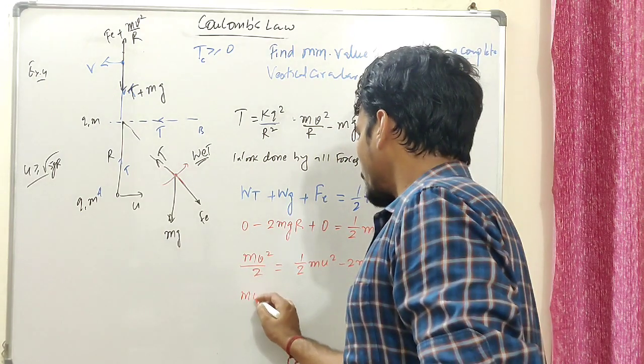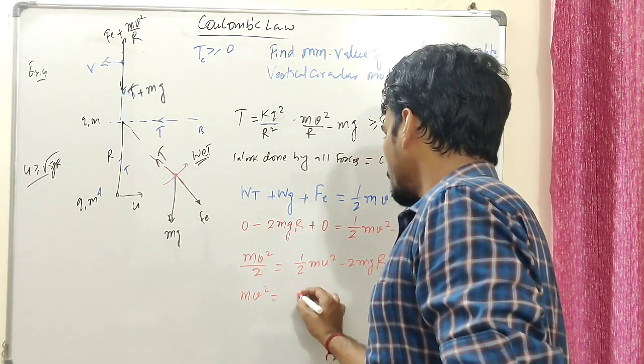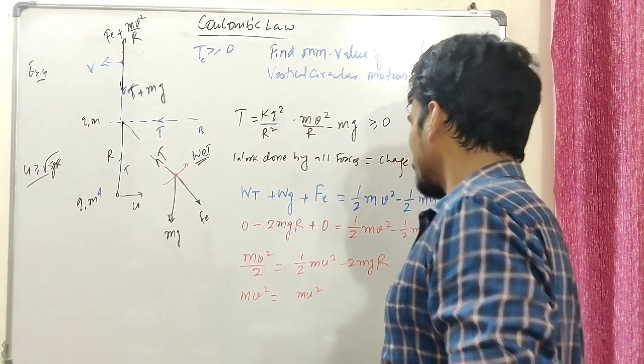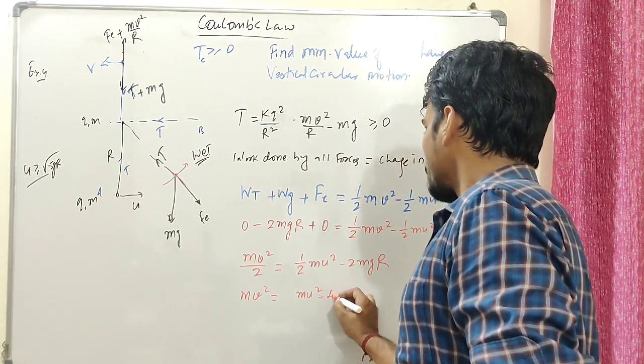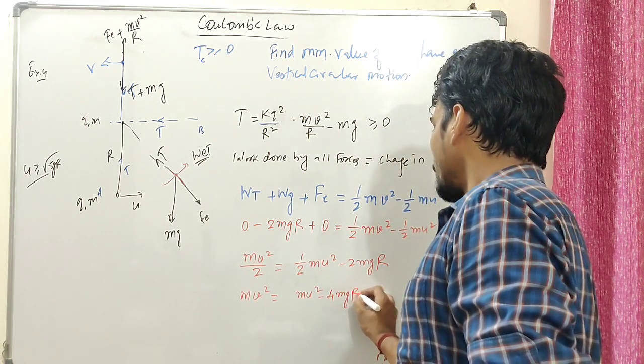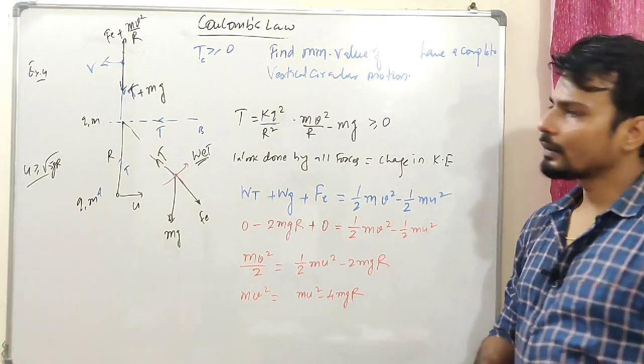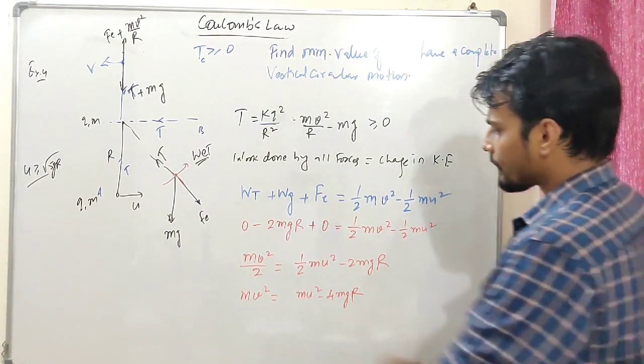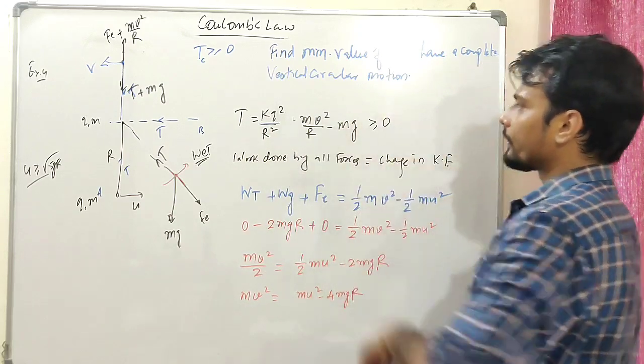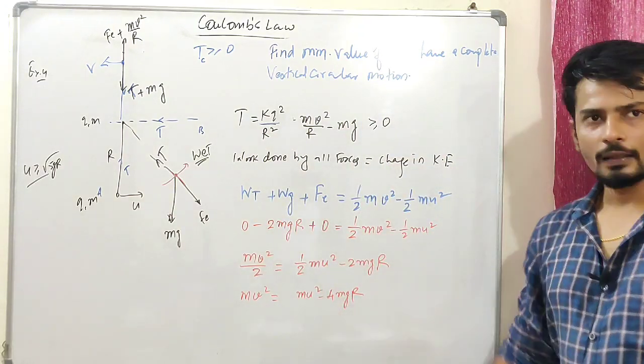So mv square should be mu square minus 4mgr. Alright, let me replace this over here and I'm going to get the value of minimum velocity u, right?